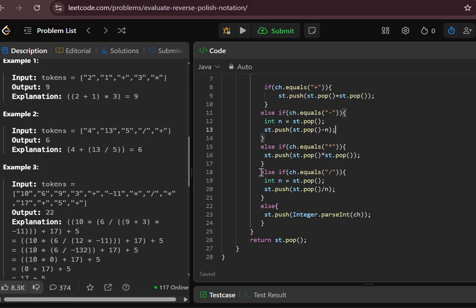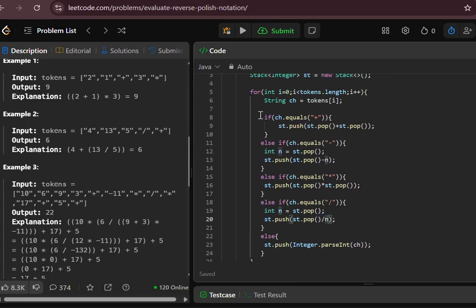If it is divide, we do the same, because a divided by b doesn't equal b divided by a. We store a variable n and push the result of stack.pop divided by n.